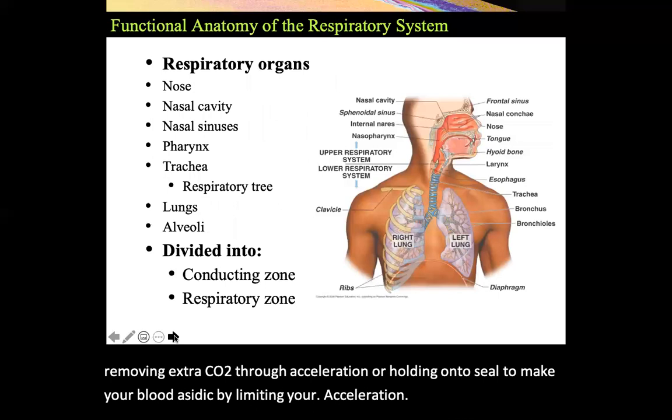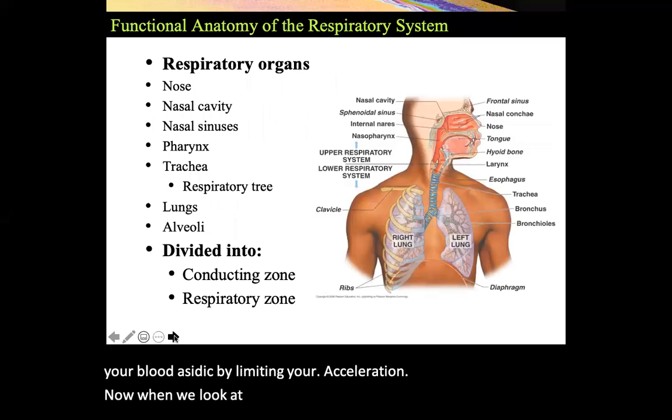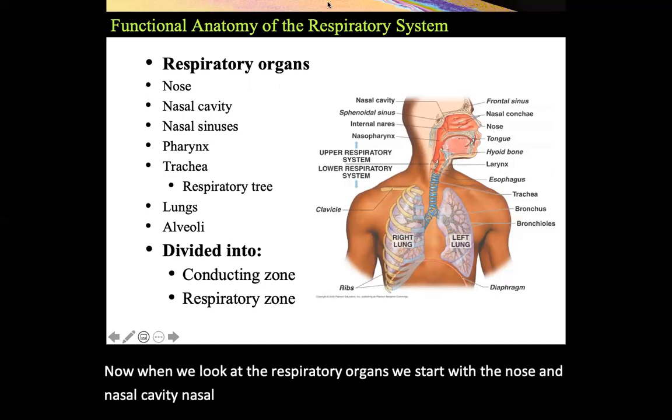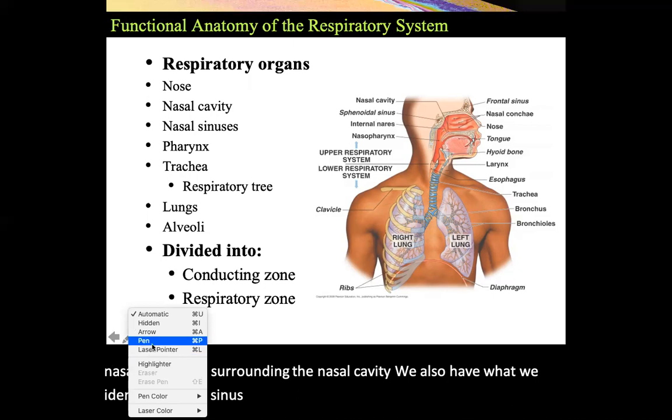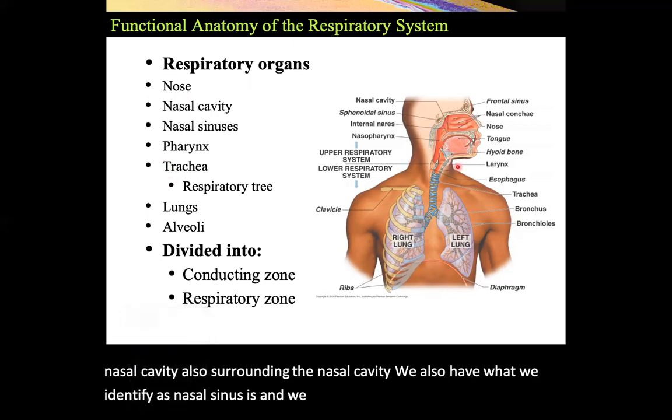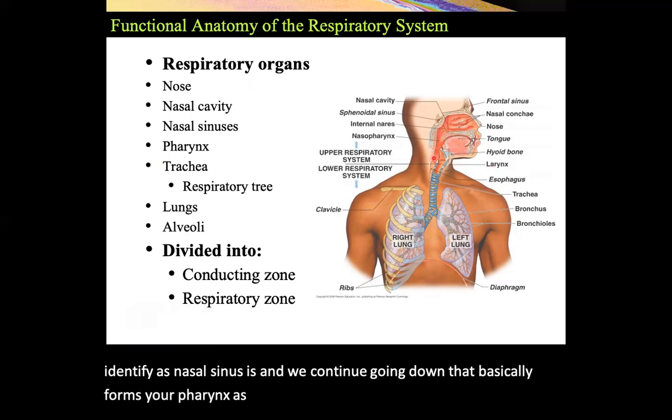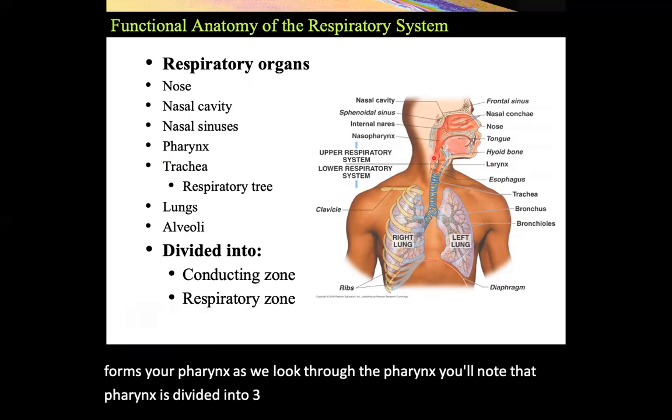Now, when we look at the respiratory organs, we start with the nose and nasal cavity. Surrounding the nasal cavity, we also have what we identify as nasal sinuses. And as we continue going down, that basically forms your pharynx. You'll note that the pharynx is divided into three parts associated with the nasal cavity, oral cavity, and your larynx.